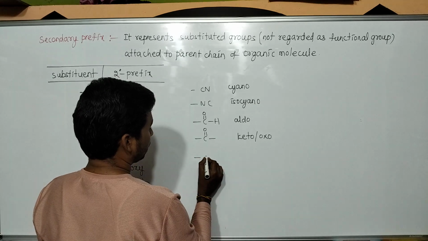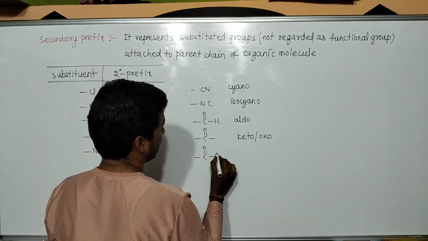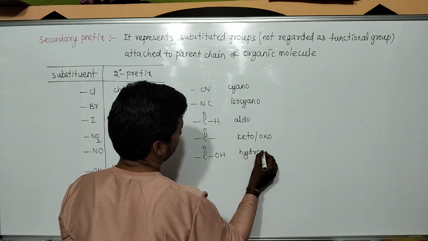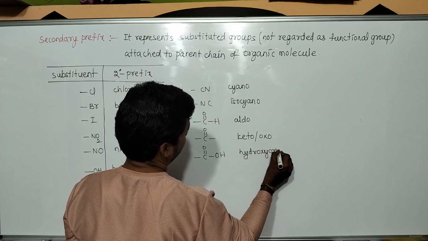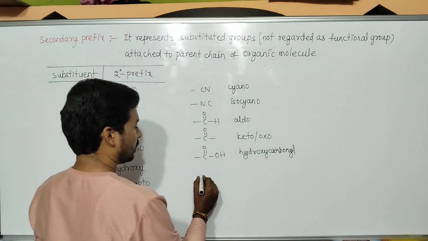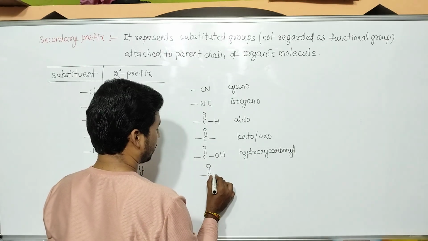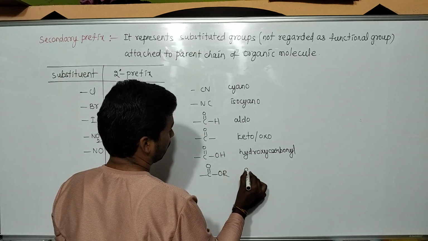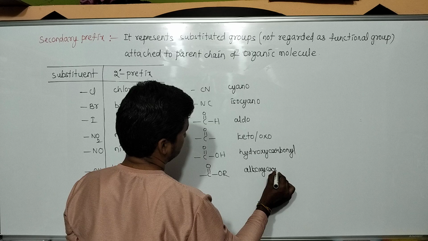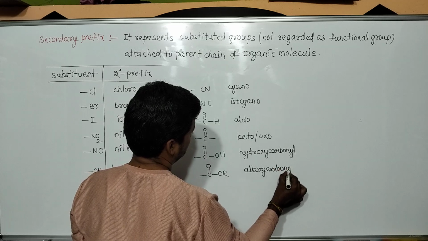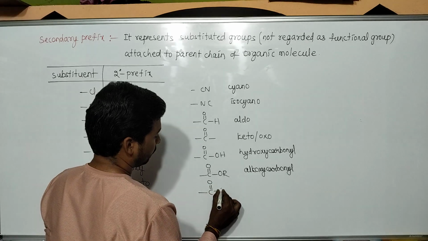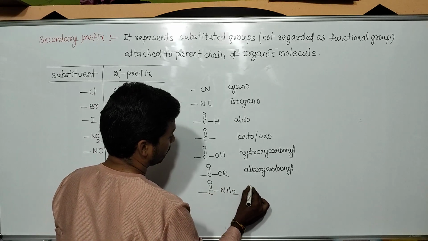Next, if a COOH group is substituted, we write hydroxycarbonyl. If a COOR group is substituted, we write alkoxycarbonyl. If a CONH2 group is substituted, we write carbamoyl.